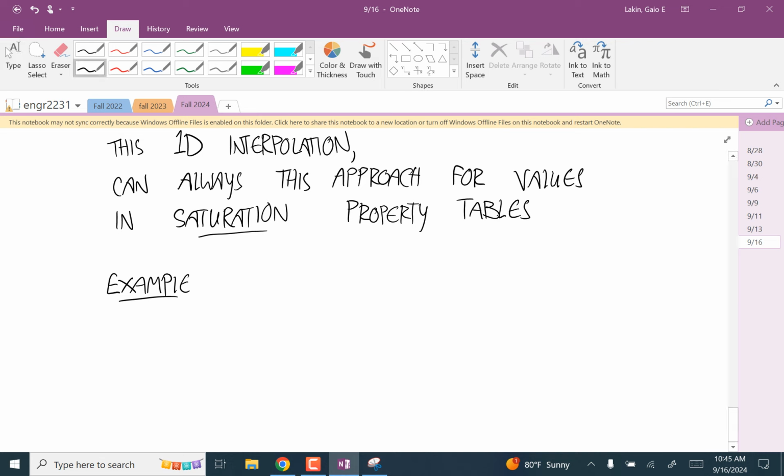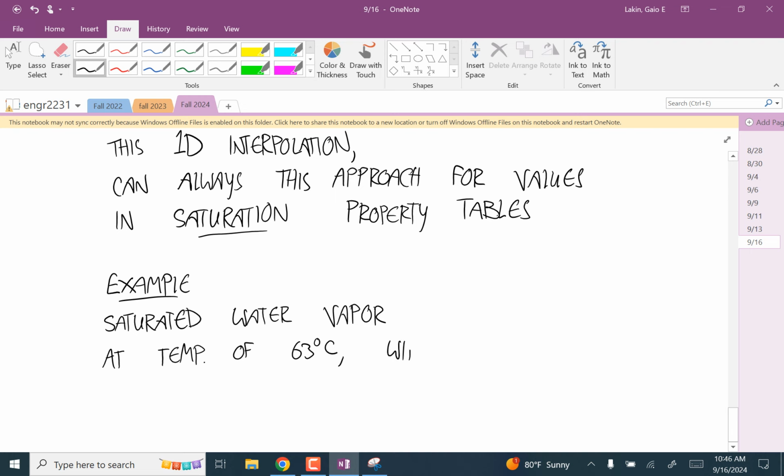So we're going to use, for saturated water vapor, we want to know at a temperature of 63 degrees Celsius, what's the specific internal energy?